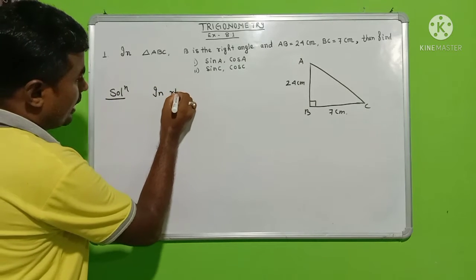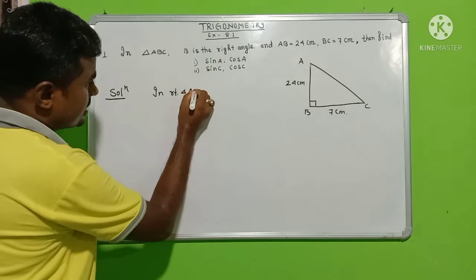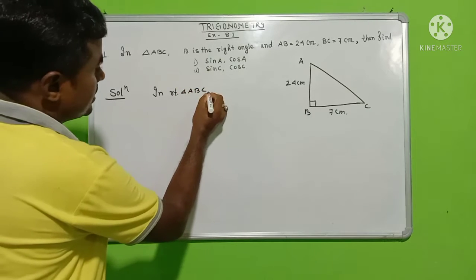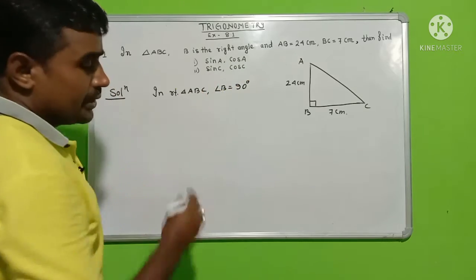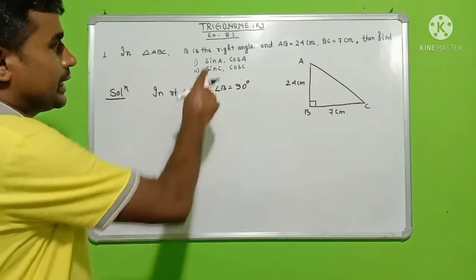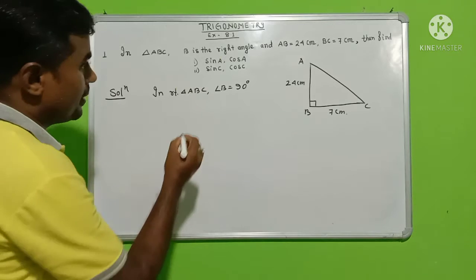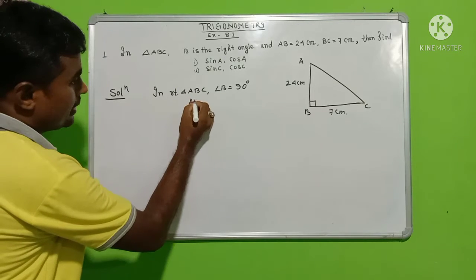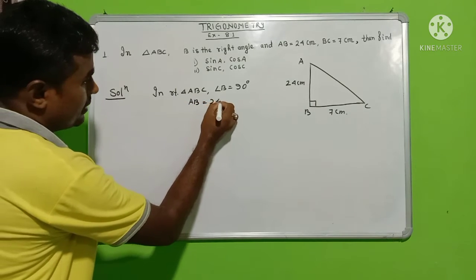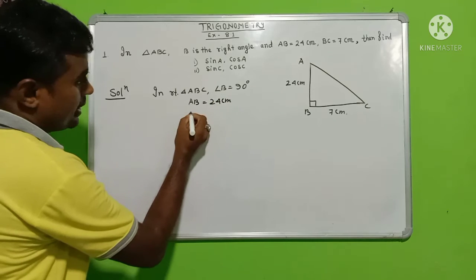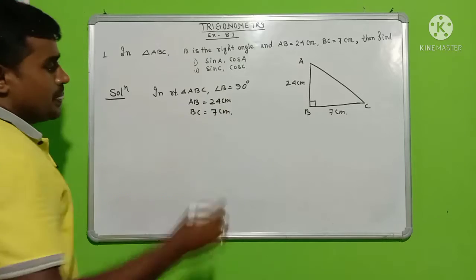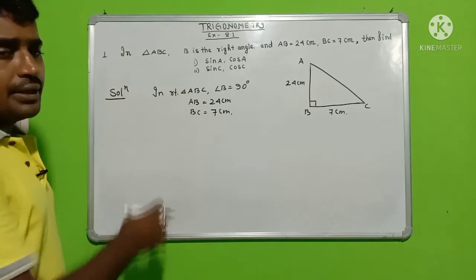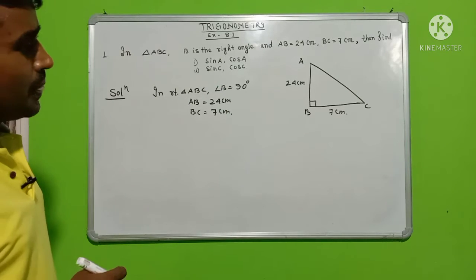In right triangle ABC, angle B equal to 90 degree, since angle B is right angle. Then AB equal 24 centimeter and BC equal 7 centimeter. These two values are given in the question.